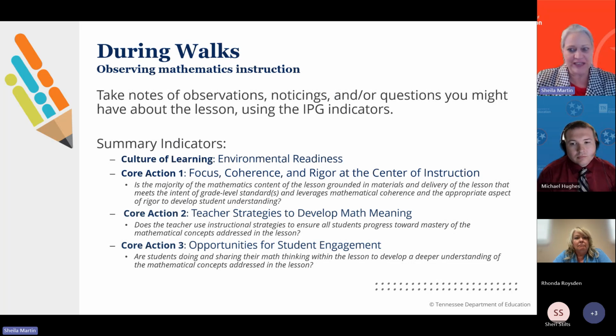So feel free to adapt to your preference using pencil and paper, a notebook for learning walks, your laptop. I like to turn the IPG over and just take notes for that classroom on that tool. It's important to always have a copy of the IPG in hand to reference throughout every learning walk, regardless of how you take notes.